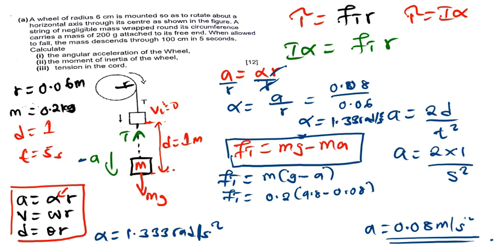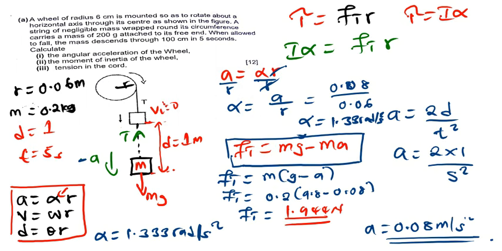So my Ft will be equal to 9.8 minus 0.08, that is inside the brackets there, then times 0.2. I'm getting my tension force to be 1.944 newtons.